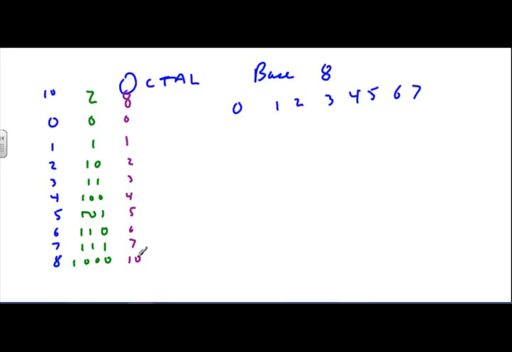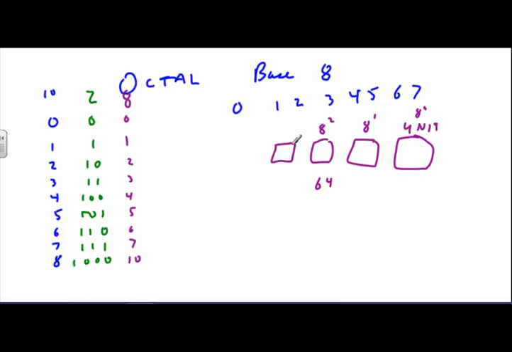Confusing enough? All right, so now I've got a system like that, and we'll look at the place values. I've got the units place, which is 8 to the 0. I've got the 8 to the 1's place. I've got the 8 squared place, 64. I've got the 8 cubed place.